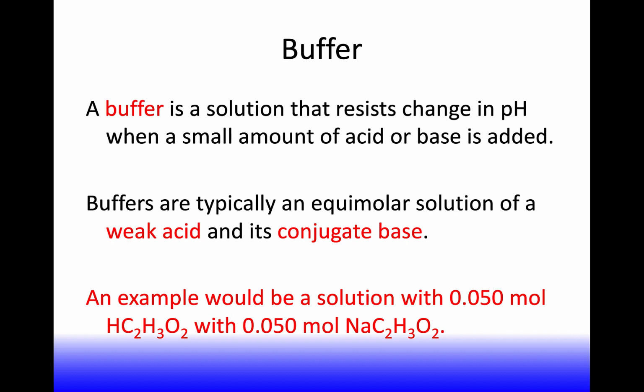I have a video that shows what happens when you add different amounts of acid and base. And as with all things in chemistry, there are other things that can be buffers. You'll learn about them in more advanced chemistry, but this is a good starting point.